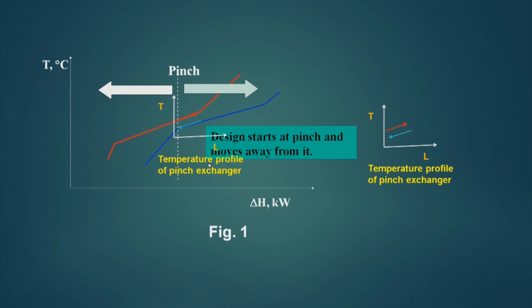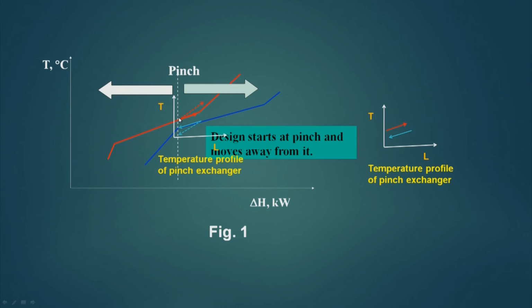Now, there can be a case when they are not matching. So, this is a case where it is not matching. If it is not matching, then it is difficult to guarantee that the heat exchanger area which will be calculated will give you a minimum area. So, it gives you a rule to place the heat exchangers.